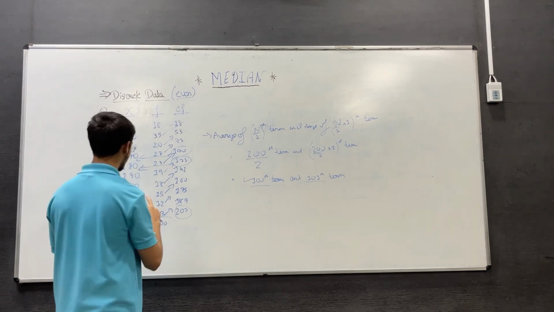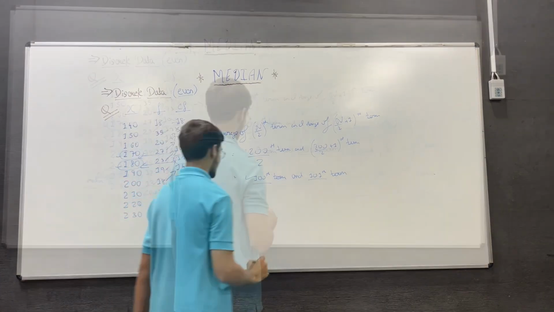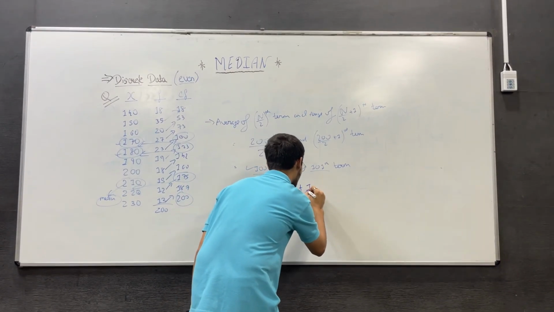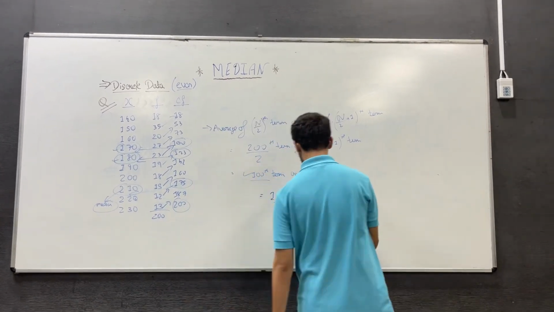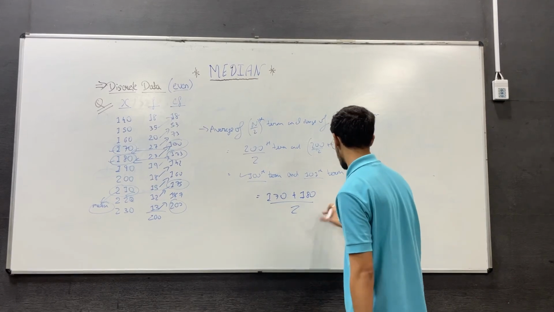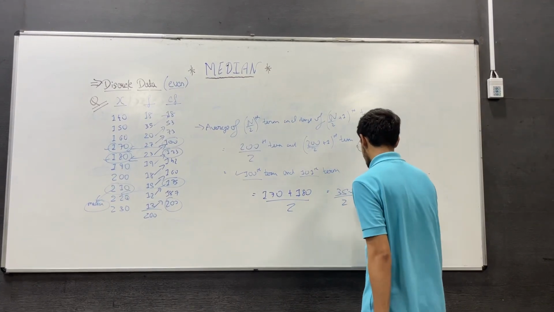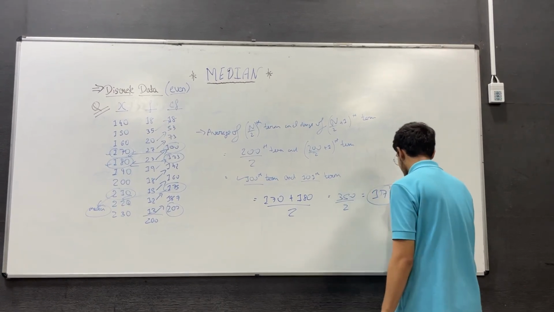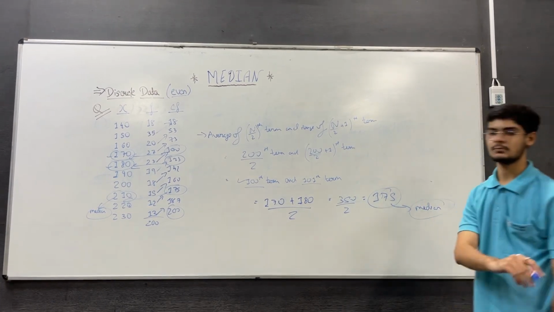We have to take the average of 170 and 180 and we will get our median, which will be 170 plus 180 by 2. We are doing it to get the average. So 170 plus 180 by 2 will be 350 by 2, which will be 175. So we can say that this 175 is our median. Thank you all for listening to me.